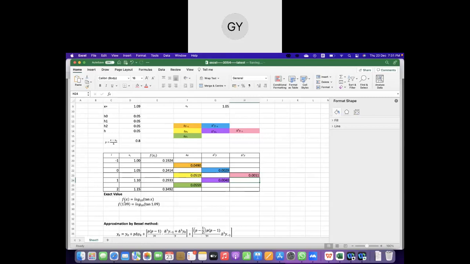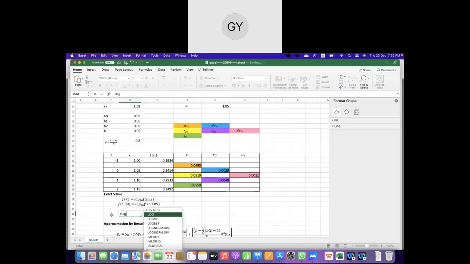Since the question already gives the exact function, which is f(x) equal to log10 tan x, we substitute x with 1.09. So we insert the formula equal to log10 bracket tan bracket 1.09 bracket, then we will get the answer 0.2826429114.